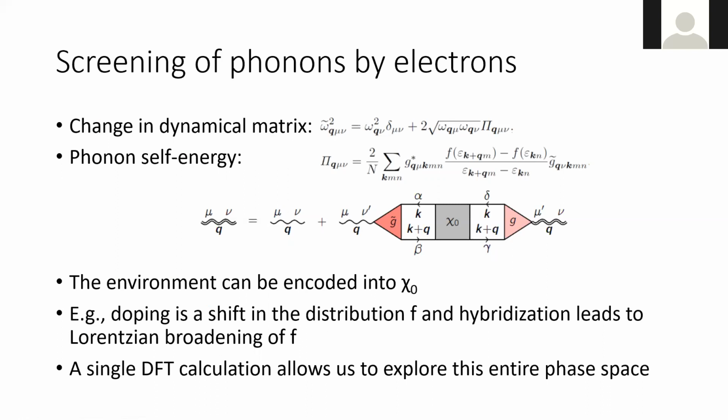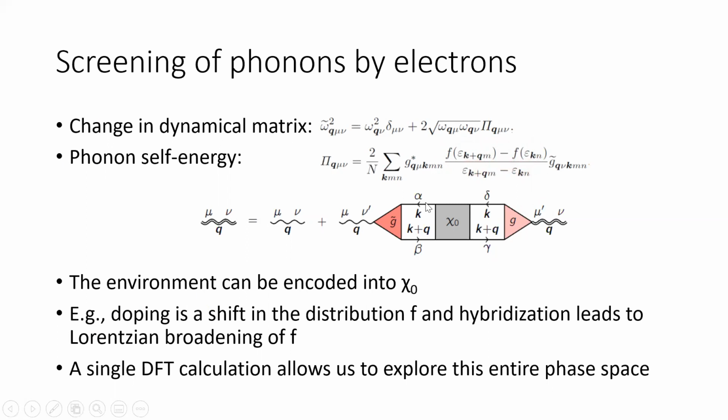And our idea now is that we can use this expression. If you use this expression just with the dispersion and the normal distribution functions that you get from DFT, you will get your exact DFT result for the freestanding case. But instead, we can make modifications to the expression here. For example, if we dope this metallic band, then doping just means that we are shifting these two Fermi-Dirac distributions.